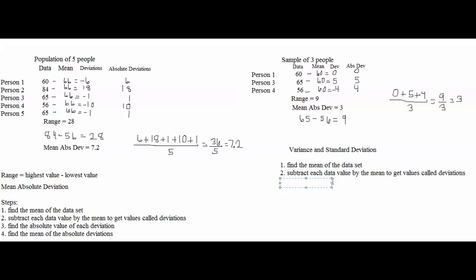Step 3 is squaring each deviation instead of finding the absolute value of each deviation. And then step 4 is finding the mean of the squared deviations.